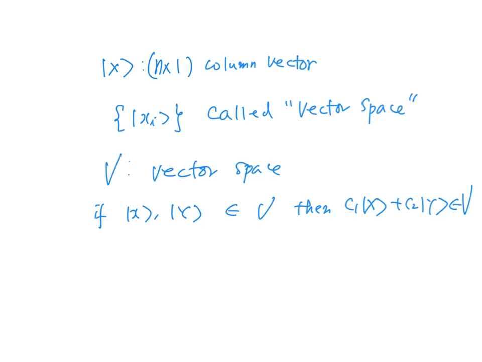The definition is a collection of vectors, and if any two vectors belong to the vector space, then their summation with some constants is also an element of the vector space. This is called a linear combination.